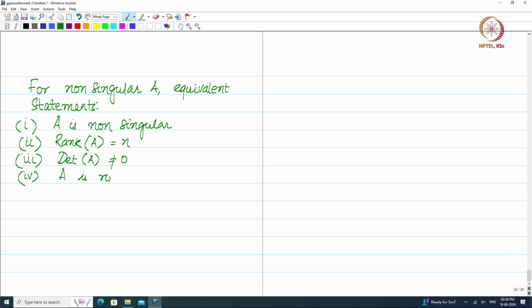A is row equivalent to I n, the identity matrix. Ax is equal to 0 has only trivial solution.